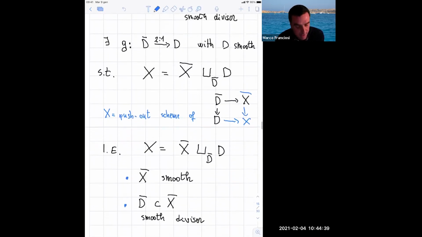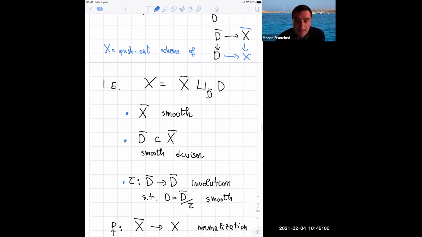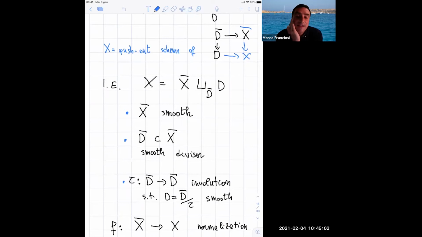We write X as X bar glued along D bar with D. Remember, X bar is smooth, D bar in X bar is a smooth divisor, and we have an involution such that the quotient via this involution is smooth.